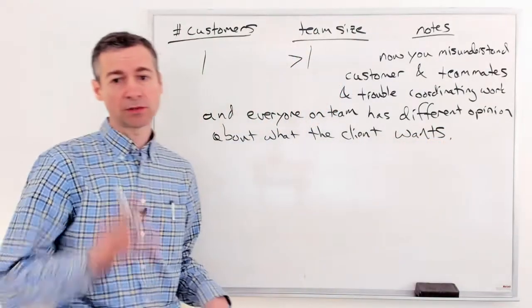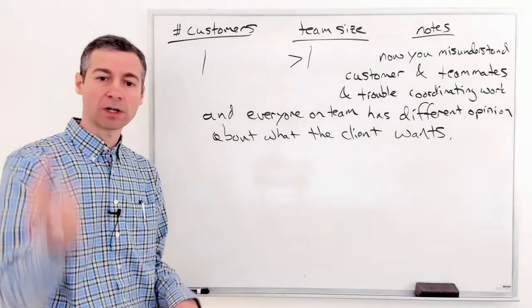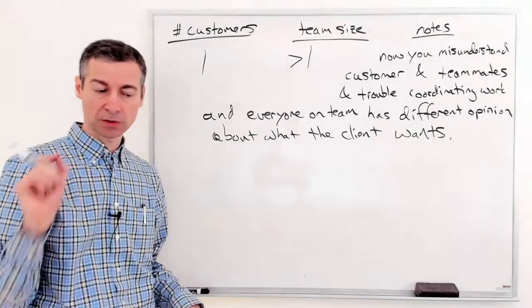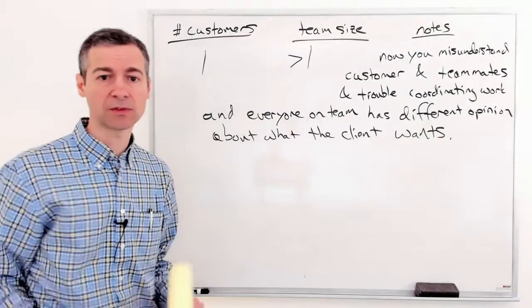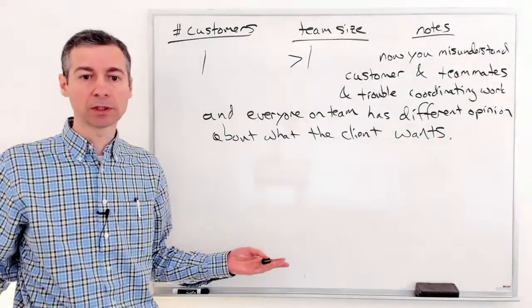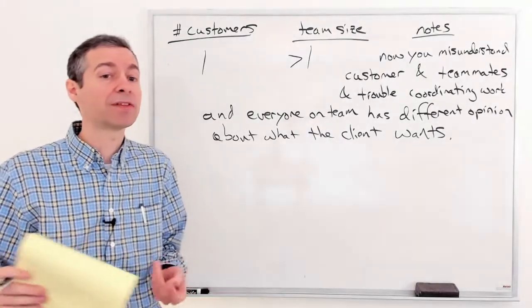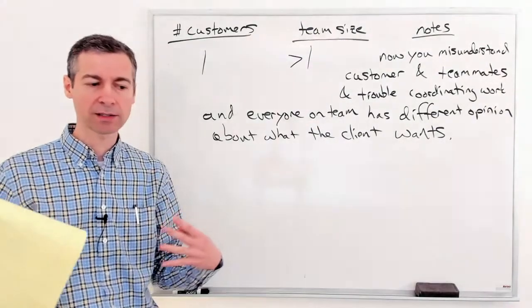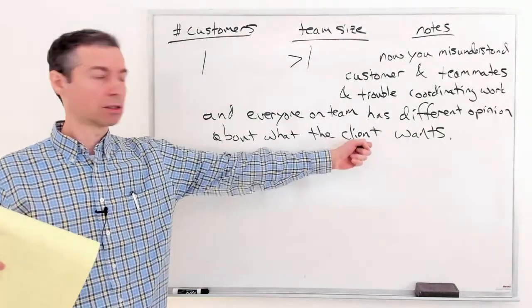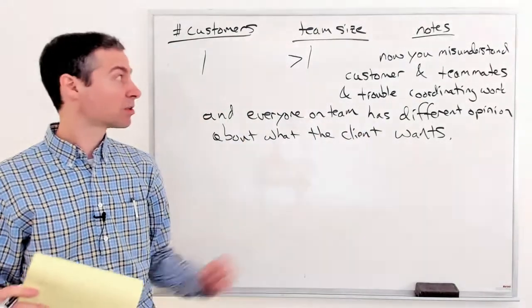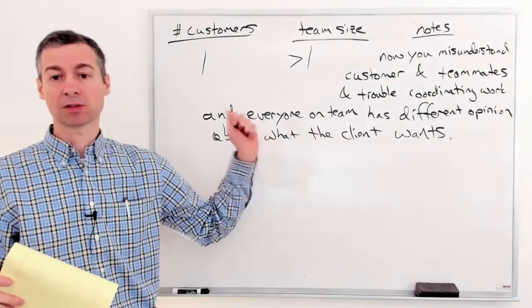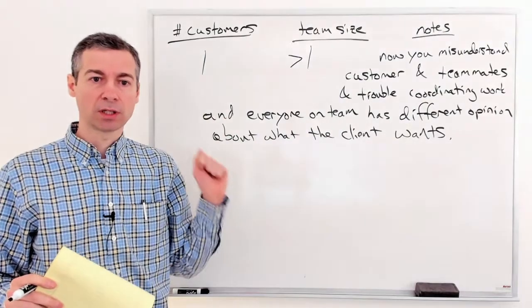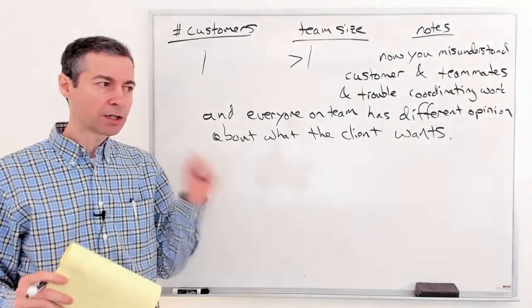So you're all trying to solve the client's problem. We already covered the issue that one person can't read the mind of another person and they're going to misunderstand. But now you've got a team of 6 people. All 6 people are going to misunderstand. And they're all going to have a different version of the misunderstanding because we all operate with our own sort of biases. This gets to be even a harder problem. So as team size increases, our issues with communication and coordination grow.